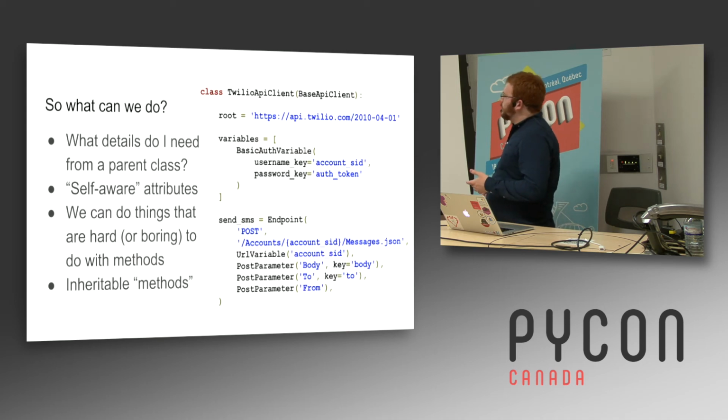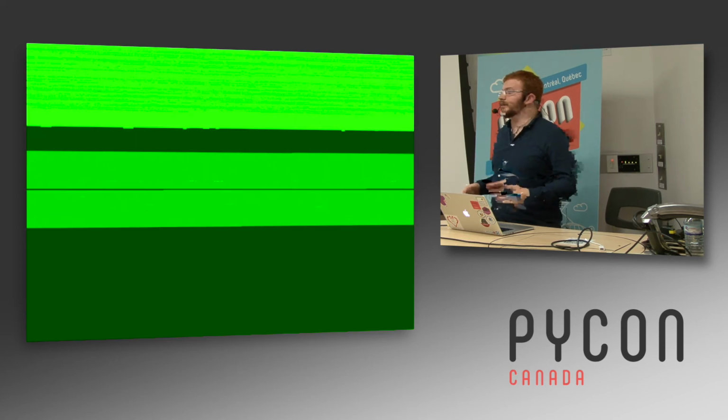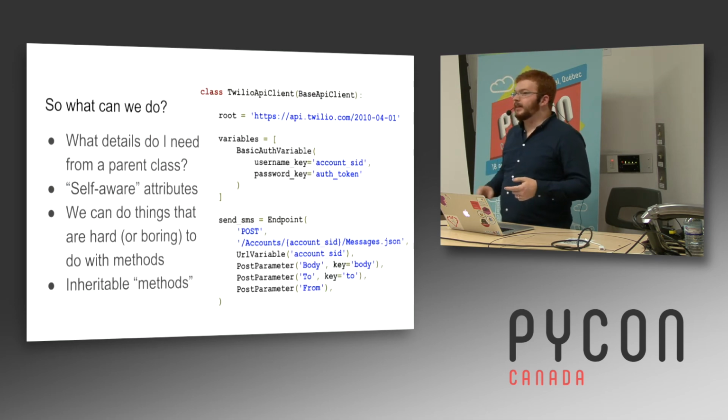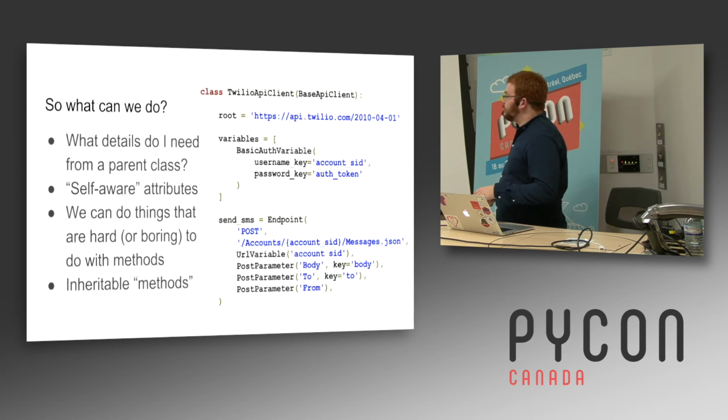So the questions we need to answer when we look at descriptors are really what sort of details might I need from a parent class, and parent class here meaning the class that we're accessing an item from. We get to build attributes that are essentially self-aware in that they get that same sort of implicit selfness that regular methods do.